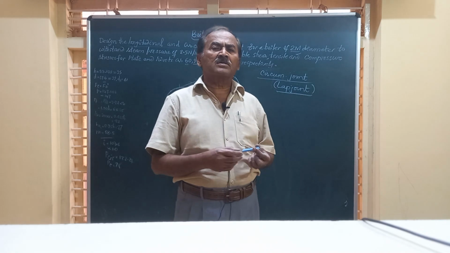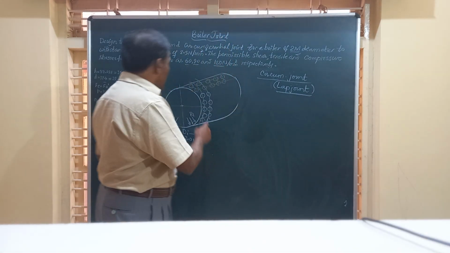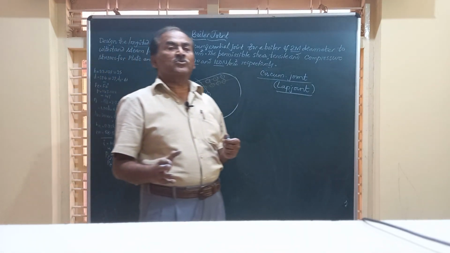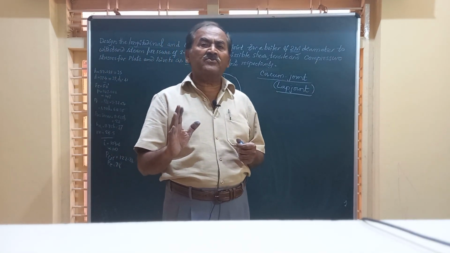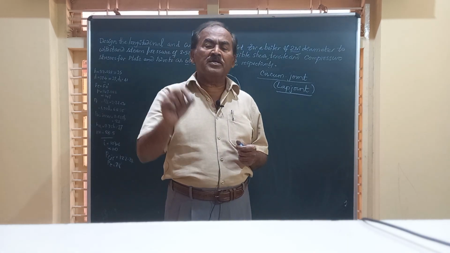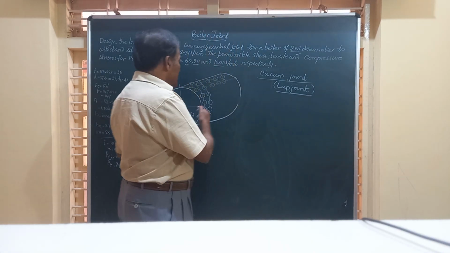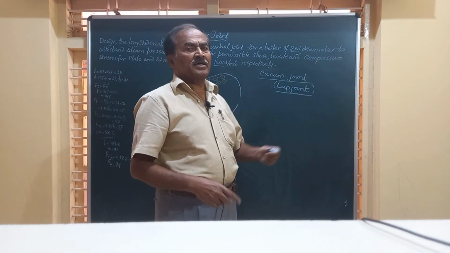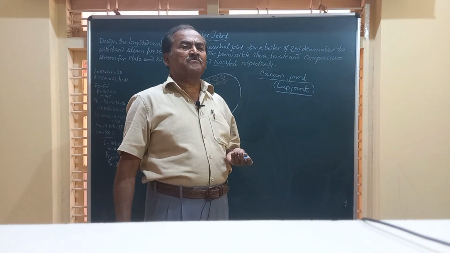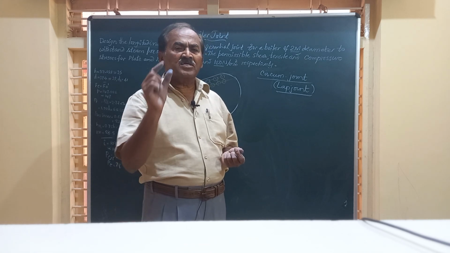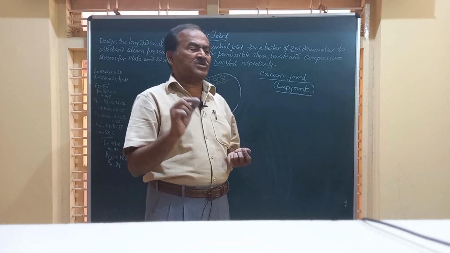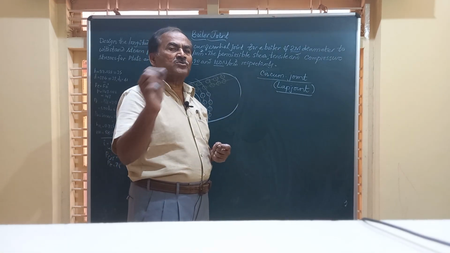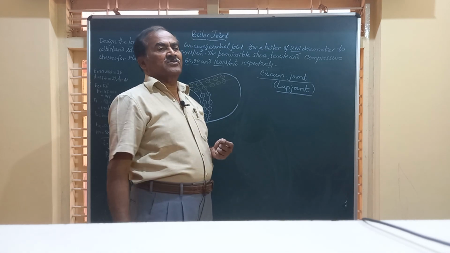And friends, in the circumferential joint, which I have shown like this here, we have to find out how many rivets are required, to be equally distributed along the circumference. I have taken a double riveted lap joint, and here the size of the rivet used in the circumferential joint is the same as that used in the longitudinal joint.